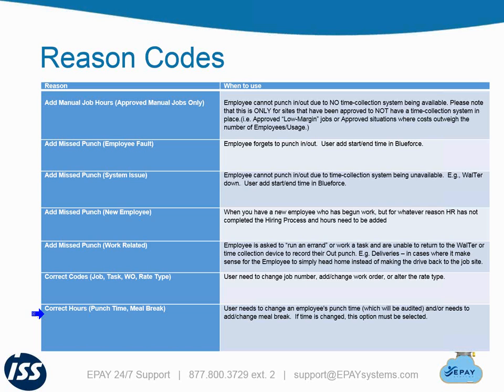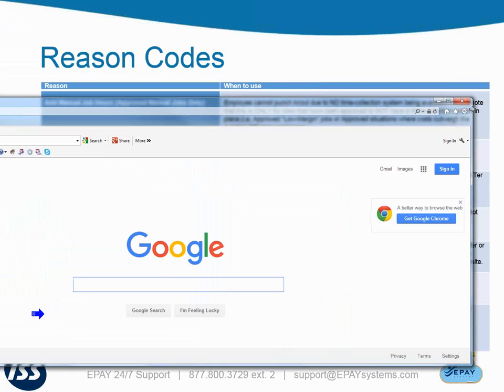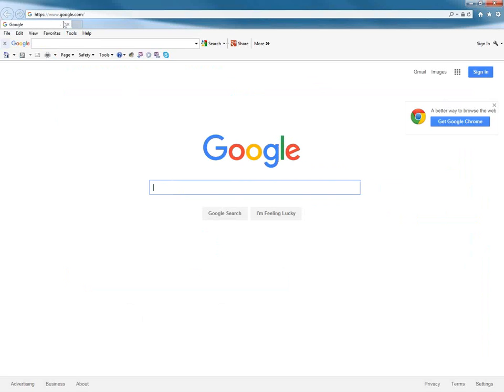So let me take a quick pause here. Let me open up my Internet Explorer, and let me log in and show you a few of these functions that we're talking about. So let me clear off some of my things here. All right. So let us do this.